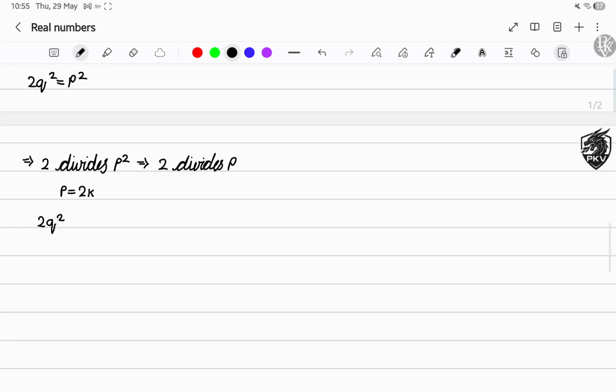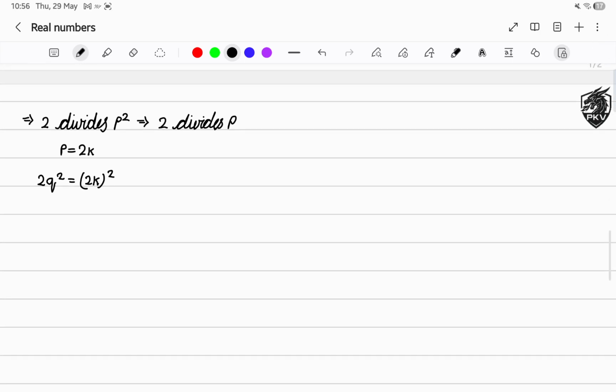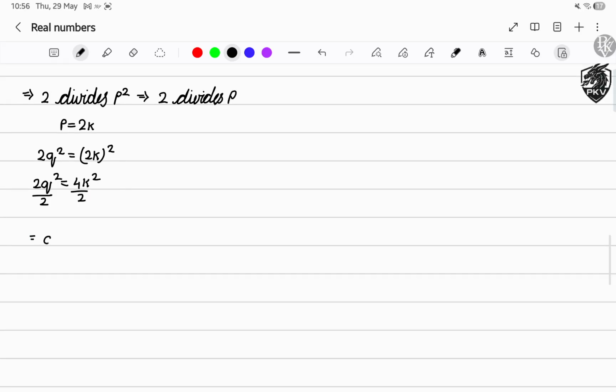So 2Q square is equal to 2K whole square. Why? Because P is 2K. Now 2Q square is equal to 4K square. Divide by 2 on both sides, and it means Q square is equal to 2K square.